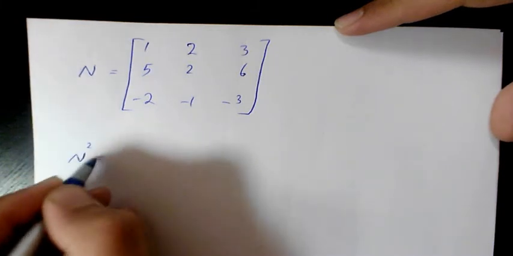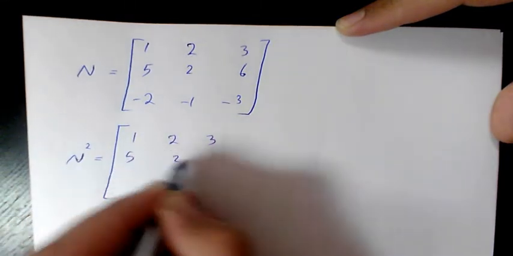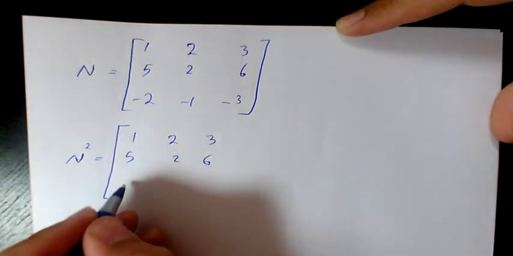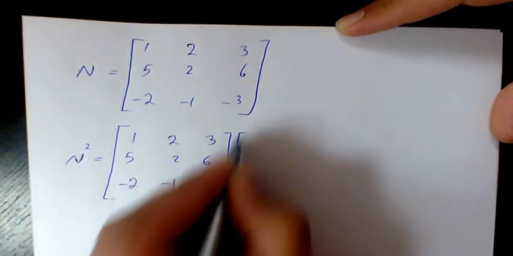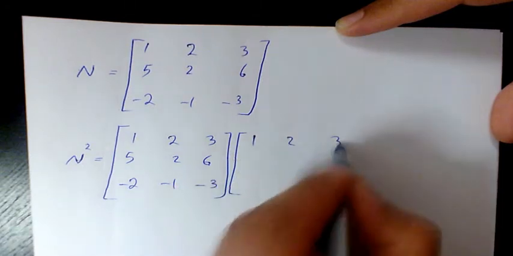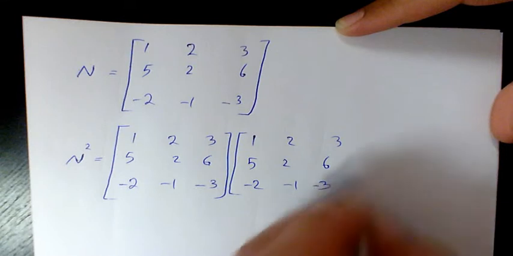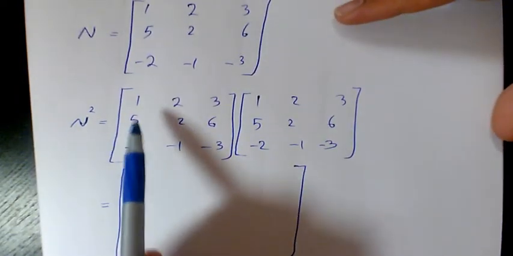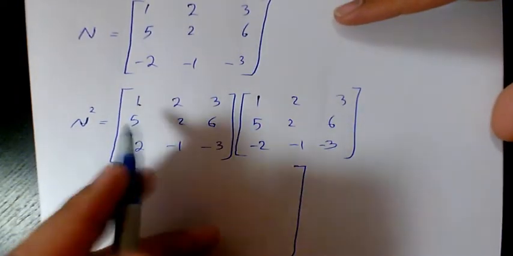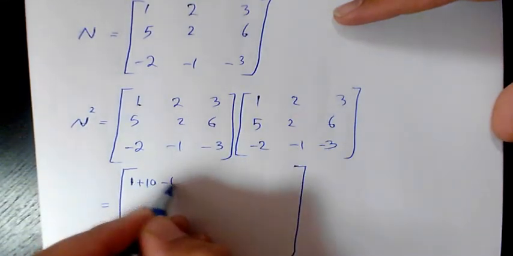So N squared is going to be N multiplied by itself. When you multiply, it's going to be 1 times 1, 1; 2 times 5, 10; 3 times negative 2, negative 6.